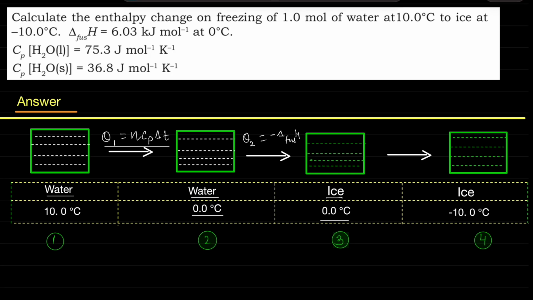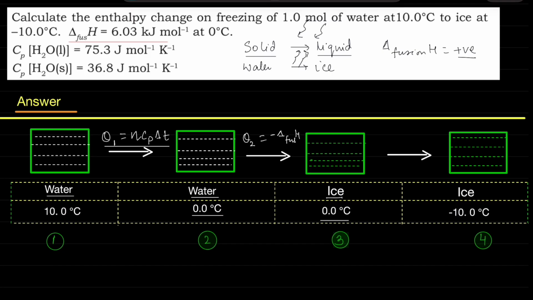Why is it minus? Because in the question we have the information about the enthalpy of fusion. When enthalpy of fusion takes place, when any solid converts to liquid, the enthalpy is positive because we need to supply the energy. Then solid will convert to liquid. But in this case, water is converted to ice, so heat will be released.